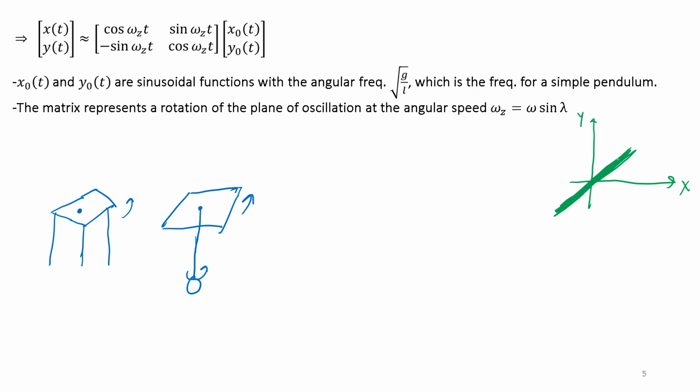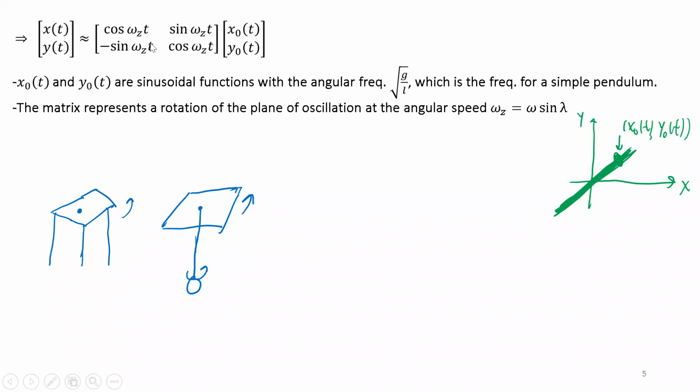Any point on this particular line is given by x naught t, y naught t. No Earth rotation, that's what you have.